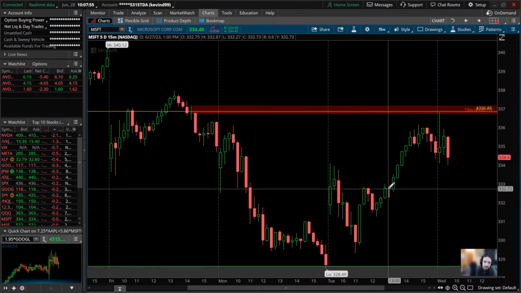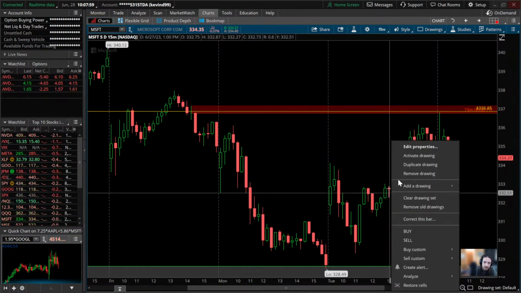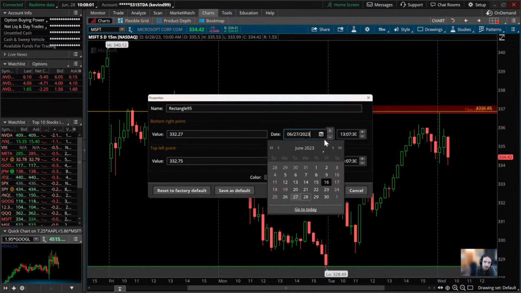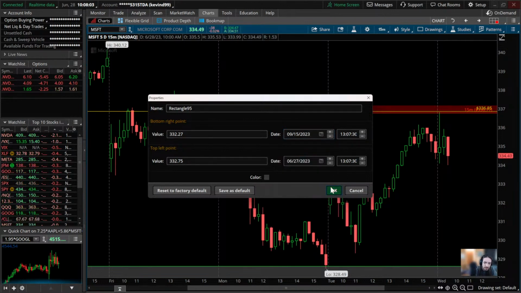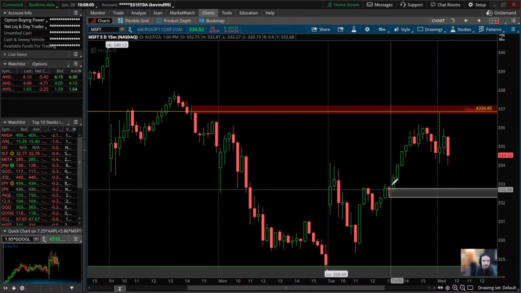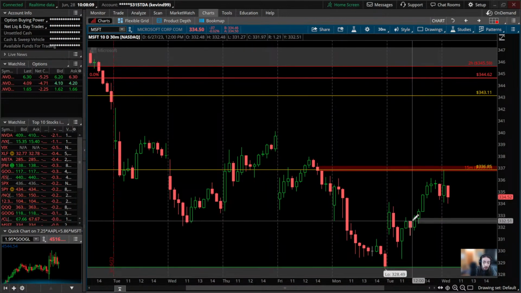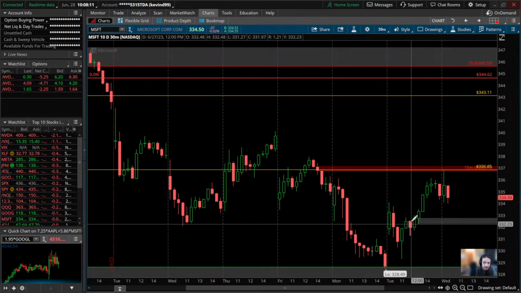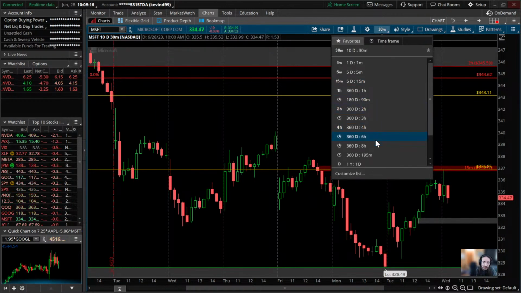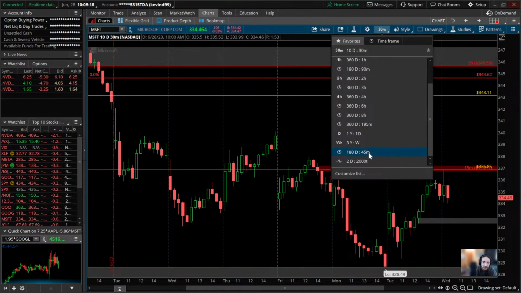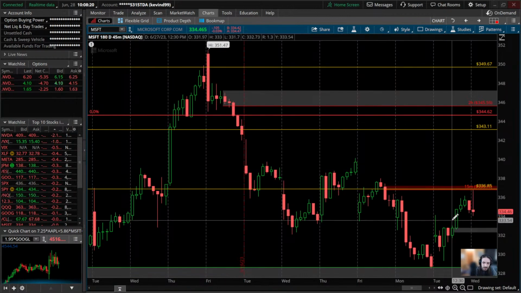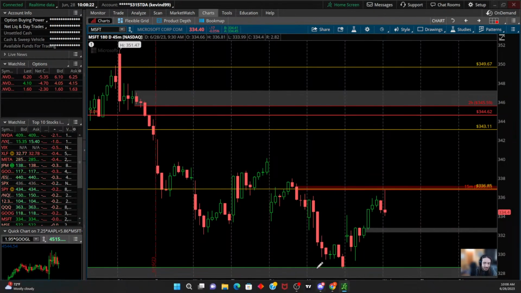We have another 15-minute demand zone on Microsoft right here. And again, because of how small this supply zone is, I know that there's not going to be a 30-minute zone here because there was barely a 15-minute zone here. Although there's a 30-minute zone here, right? That's overlapping it, right? So let's see real quick, 45 in the hourly. 45, see, that's why we check each time frame.